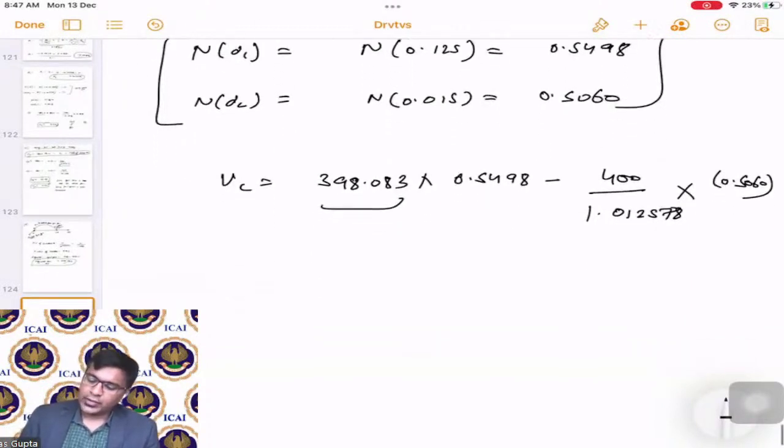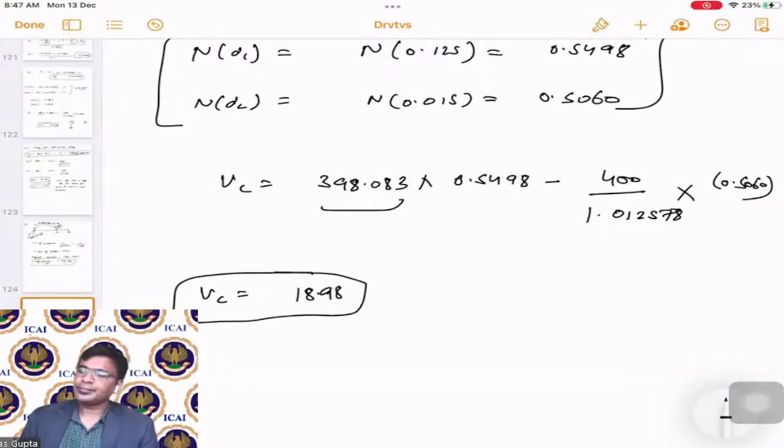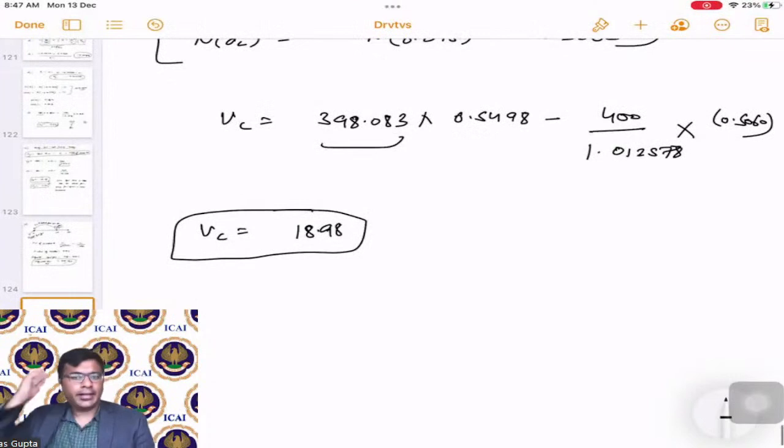This is actually the value of call option: $18.98.